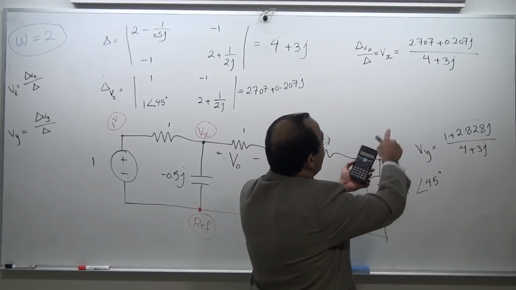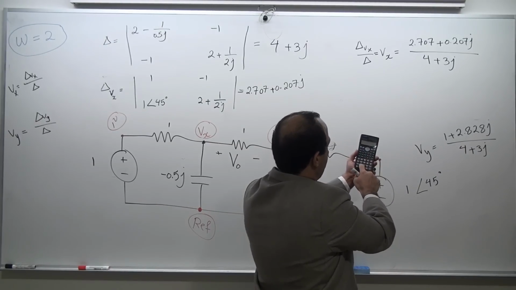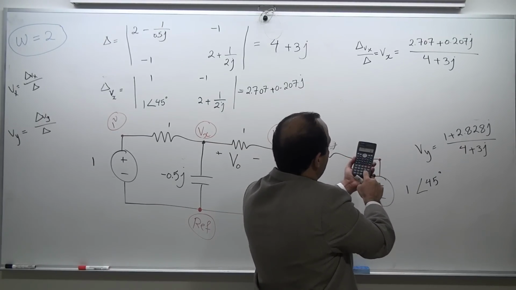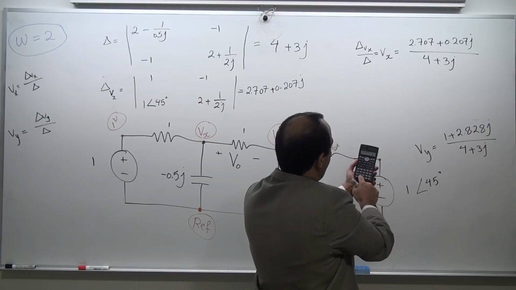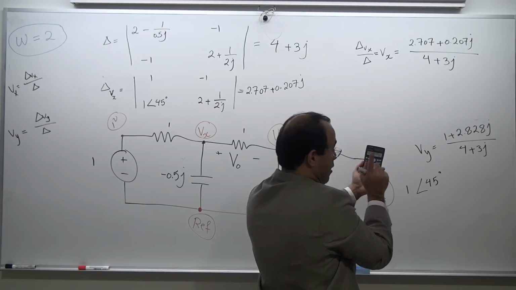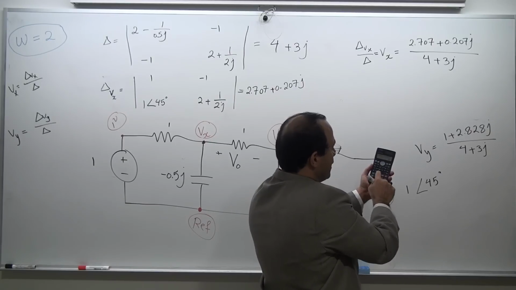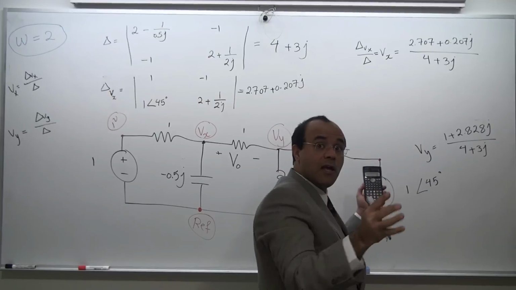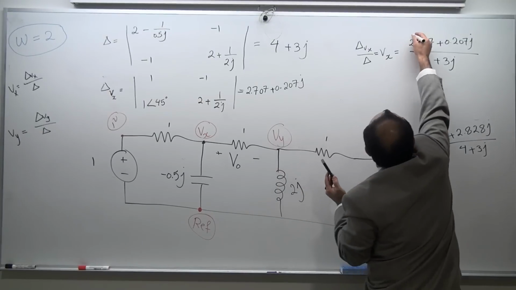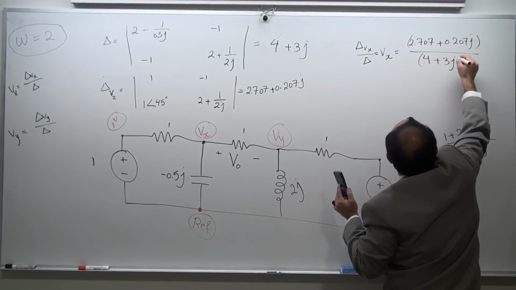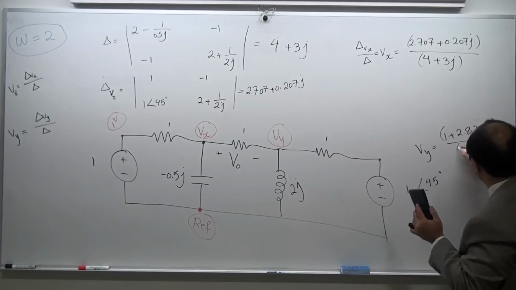So I'm going to say open big bracket 2.707 plus 0.207j, I remember the j, then close the bracket, divided by, so you have the entire thing in bracket. This has to be in bracket, this one in bracket.